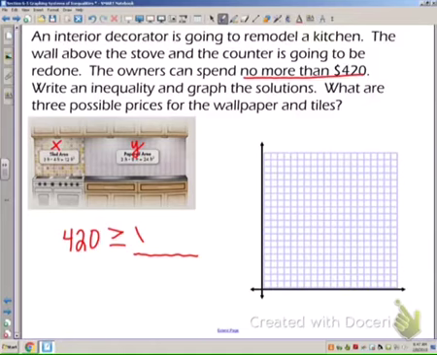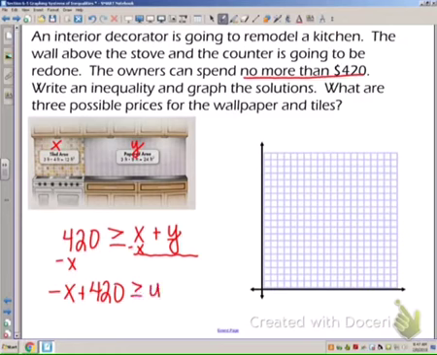So we know that however much they spend on tiled area plus however much they spend on the papered area cannot be more than $420. If we want to graph this, we have a little bit of a problem. The problem is that we do not have y by itself. So I'm going to subtract x from both sides. So I have -x + 420 is greater than or equal to y.